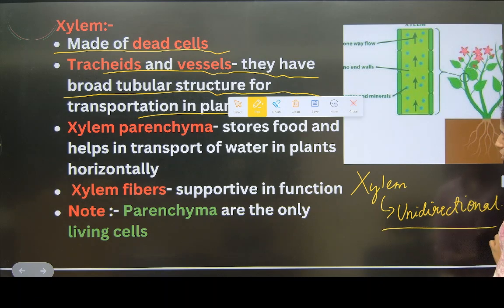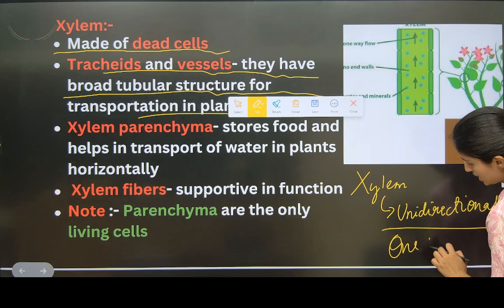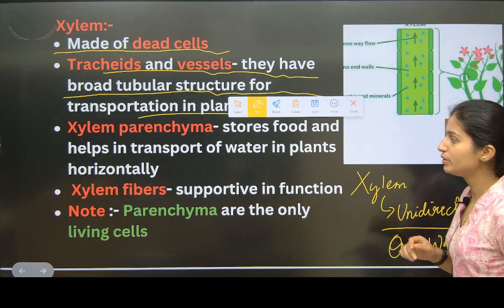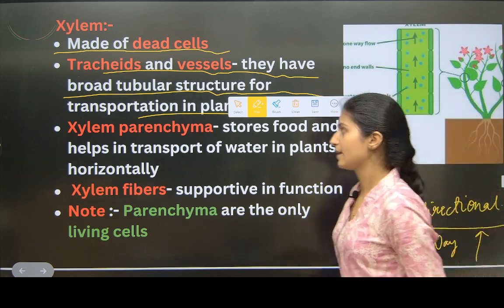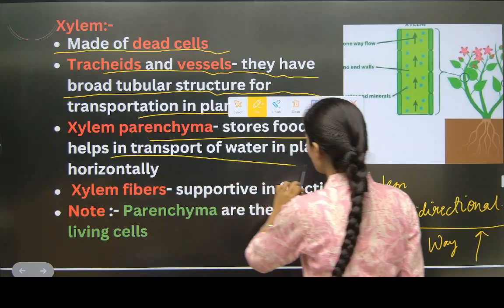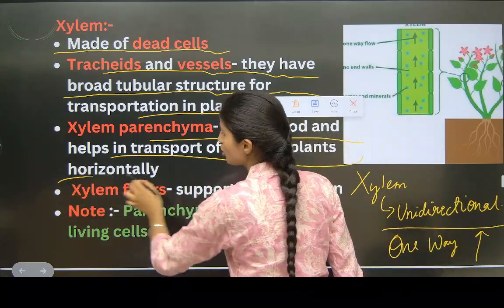Unidirectional means it is one way. It only goes from roots to stem. Xylem parenchyma stores food and helps in transport of water in plants horizontally.